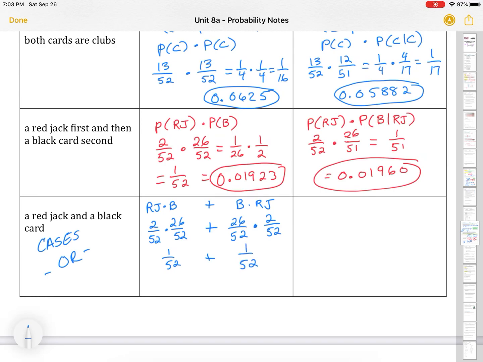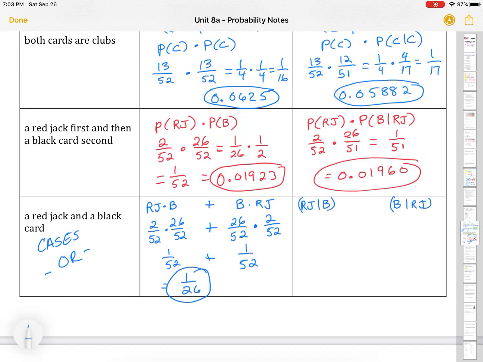We pull the black first and then we pull the red jack. Remember, we're replacing it so the numbers don't change on the bottom or the top. Here we would get 1 over 52 plus 1 over 52. We add those together and we get 1 out of 26. So it's cases, and it actually increases our probability. That does change how you're doing things.